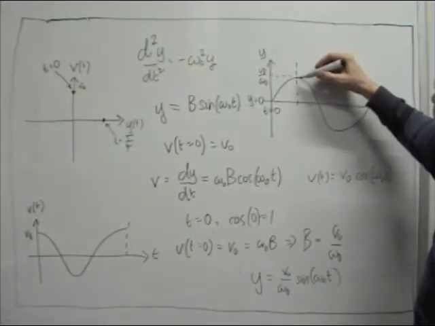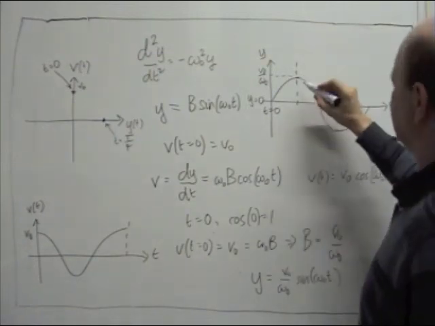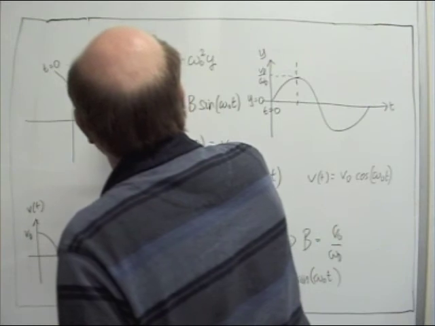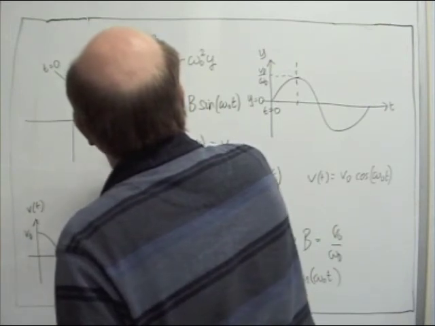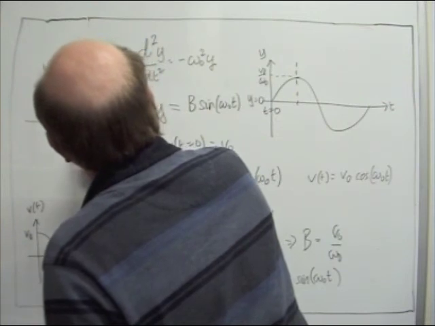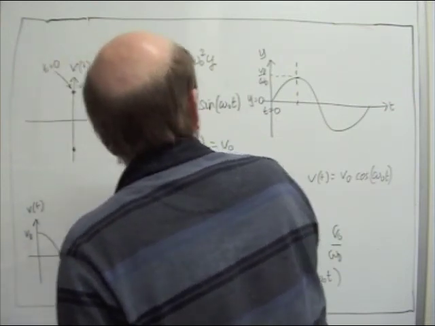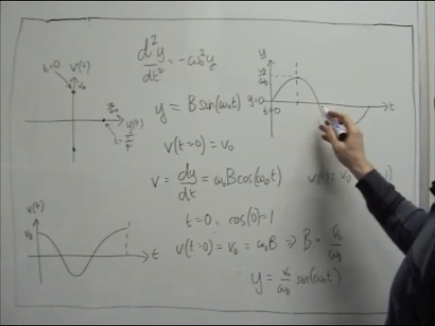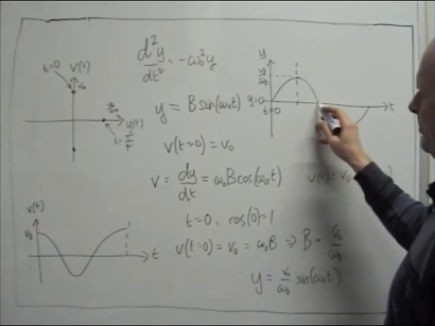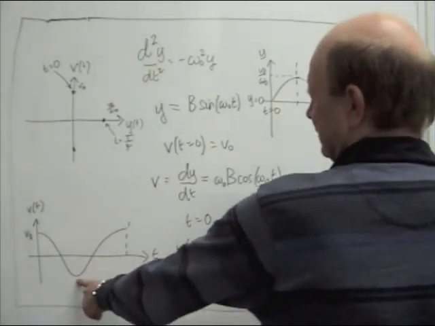The position of the oscillator is v naught over omega naught, and the velocity is 0, so it's there, and then it keeps going round. So at half a period, it's back to zero position, but it's got a maximal negative velocity.